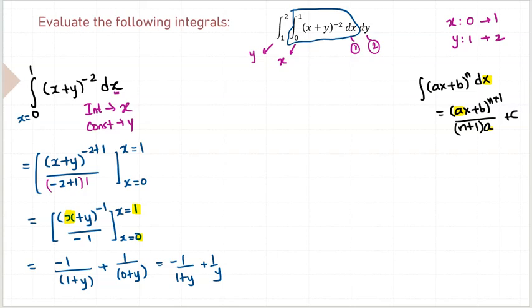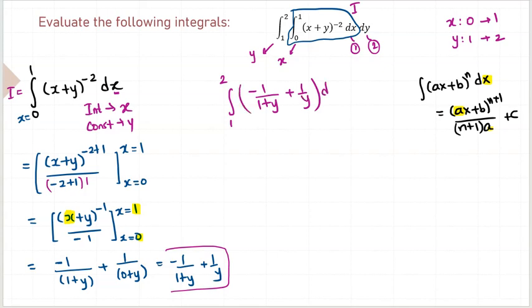Okay. Now let's evaluate the outer integral, 1 to 2. In place of this bracket, we put this value: minus 1 over (1 plus y) plus 1 over y, dy. So it is now a function of one variable only.